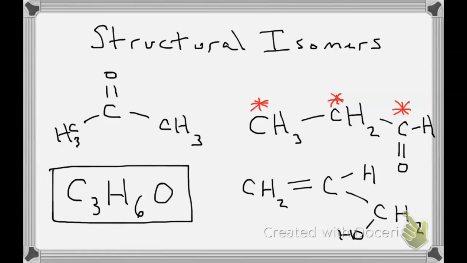But once again, you'll notice we've got 3 carbons, a total of 6 hydrogens, and 1 oxygen. And this is an example of something that has an alcohol functional group and also that alkene that we talked about. Right? And so I just show you this as an introduction to this idea of structural isomerism, that honestly, as long as you can recognize a molecular formula, this being a molecular formula right here.